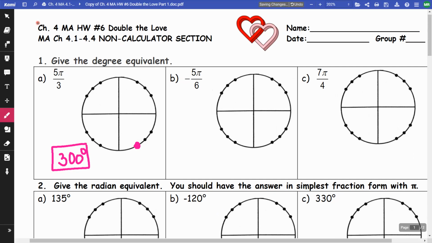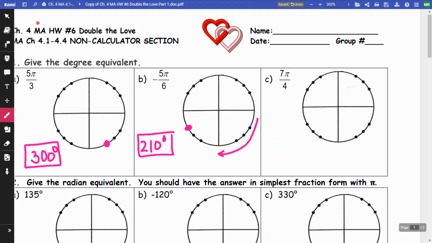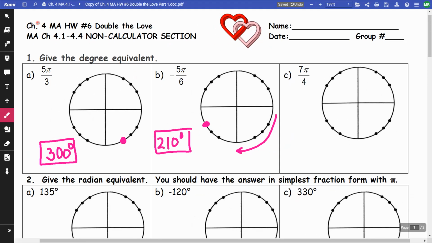Negative 5 pi 6, we're going this direction, and negative 5 pi 6 is going to be right here, and that is going to be 210 degrees. On letter C, this is 7 pi fourths, which is going to be right here, and that is going to be 315 degrees.